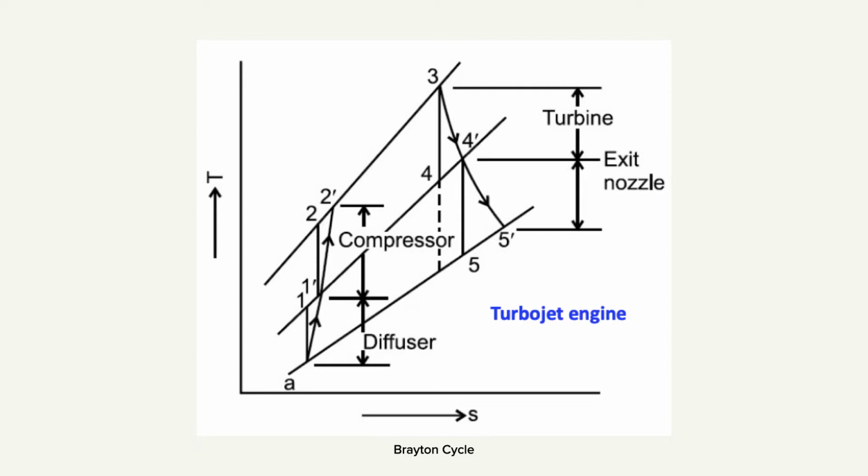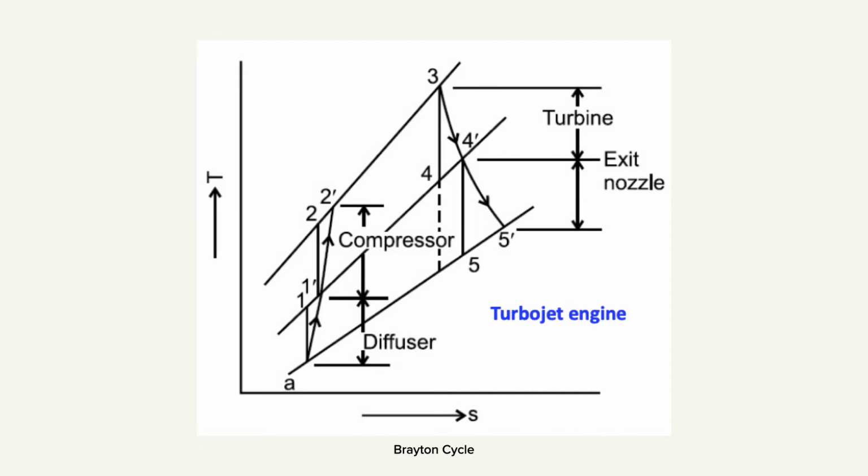Now after compression, the combustion of the air-fuel mixture takes place, which is considered to be a constant pressure heat addition process. This hot air is then allowed to expand first in the turbine and then in the exit nozzle, which again accounts for isentropic efficiency with points 4 dash and 5 dash.